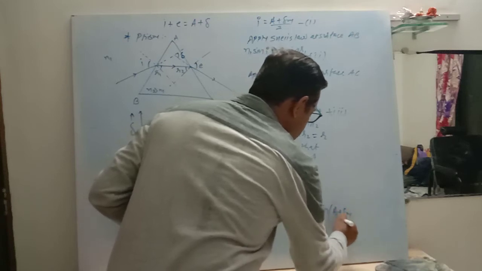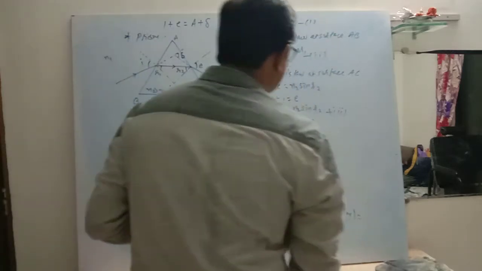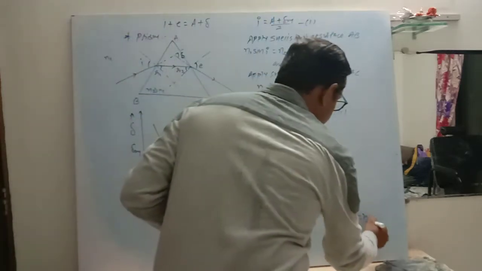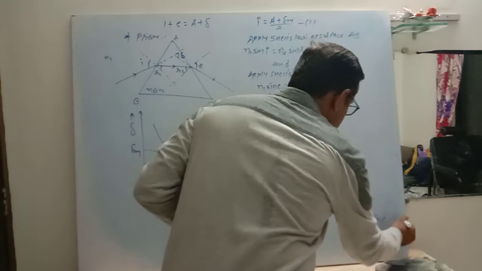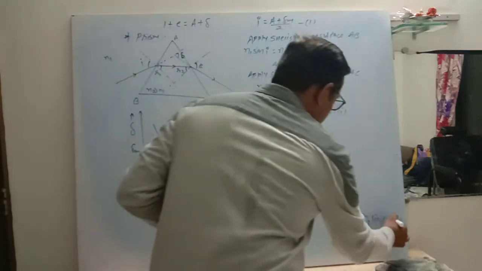A plus delta m by 2 is equal to eta 2 sin r1. r1 और r2 is A by 2.